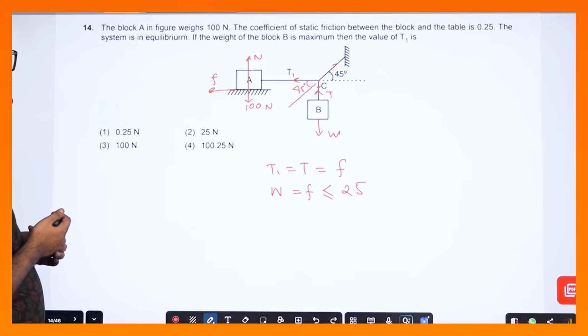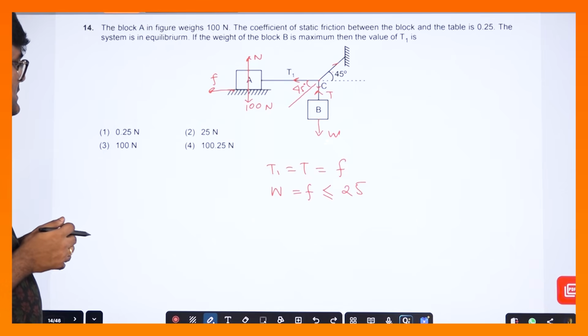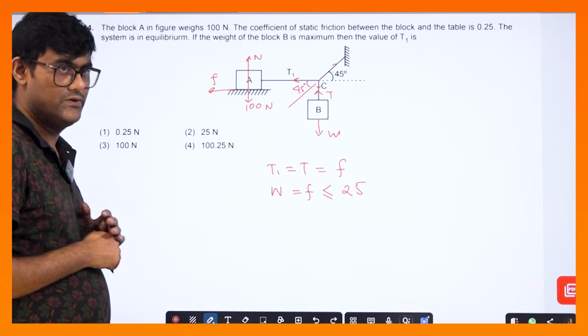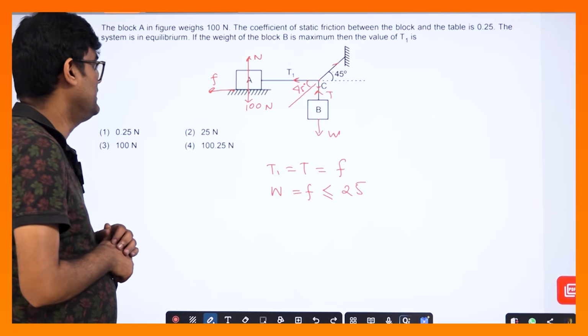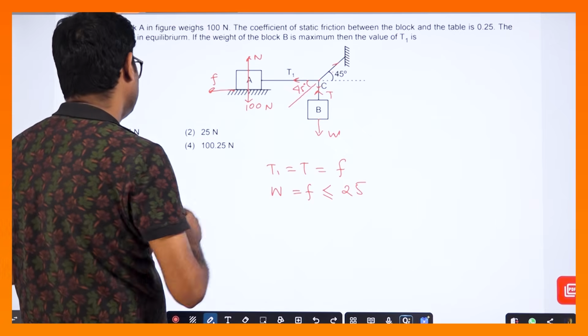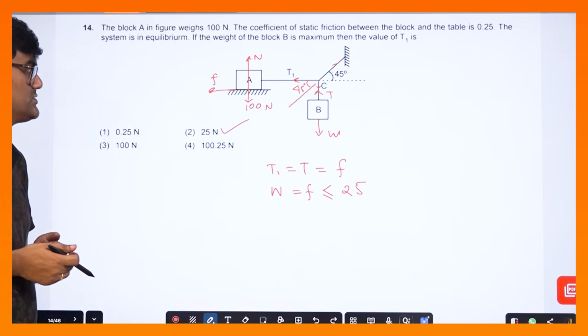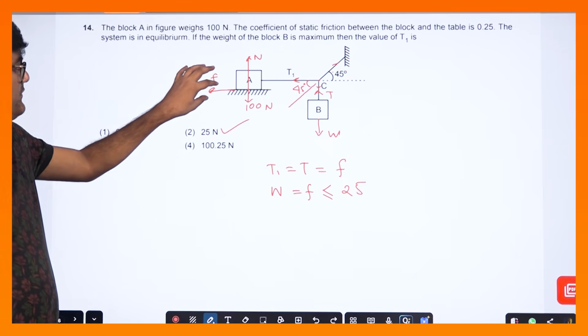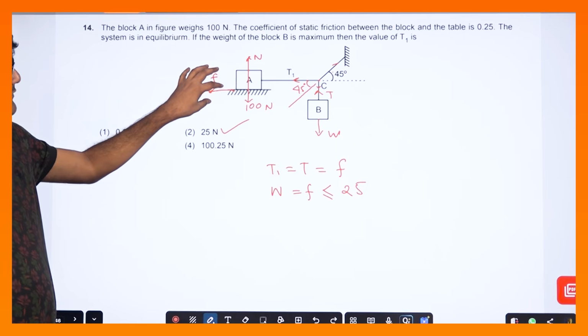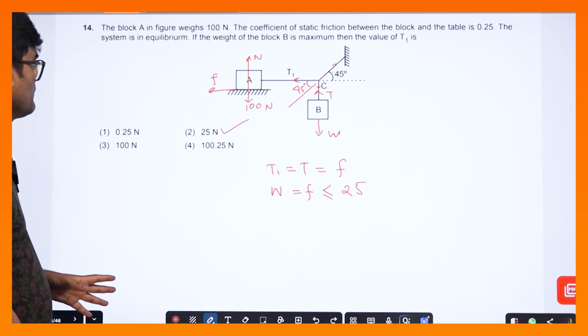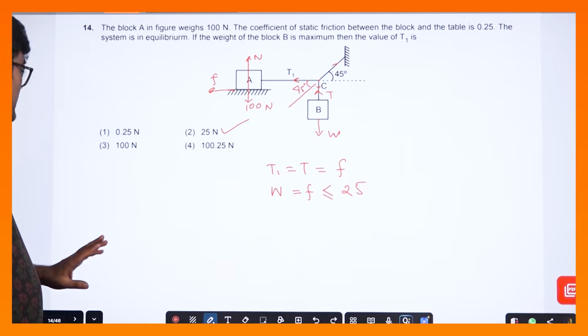If the weight of the block is maximum, then it must be 25 Newton, and in that case the tension value T1 is also 25 Newton. That's the answer. I think we have understood. This tension is balancing the friction, which has a maximum value 25. So this tension has a maximum value of 25 as well.